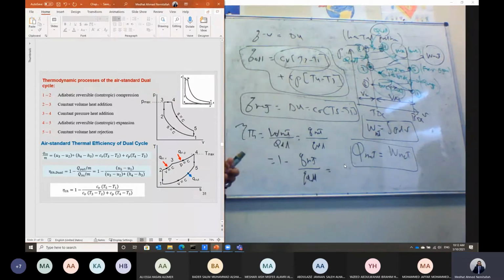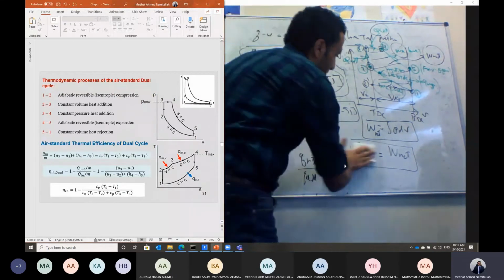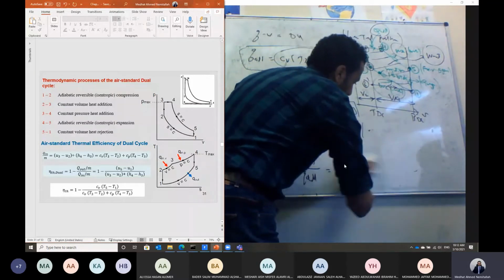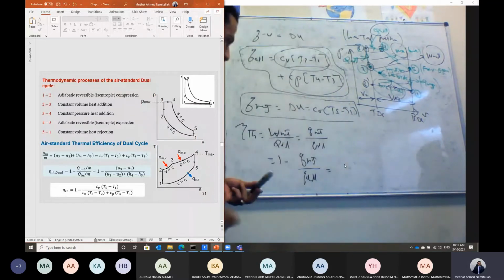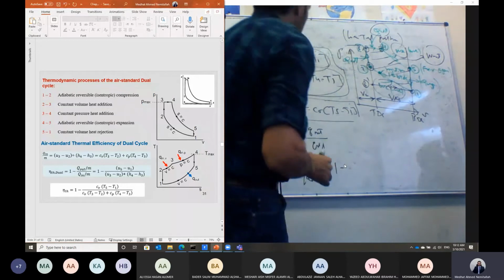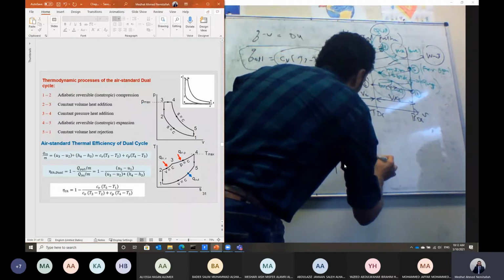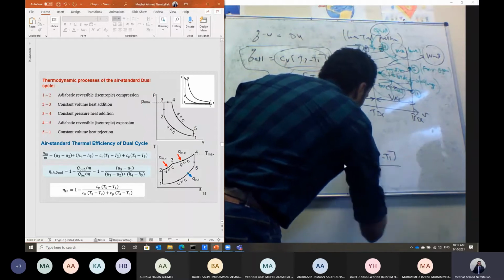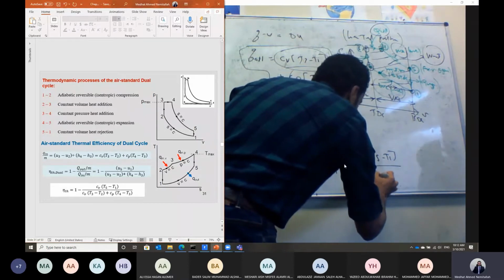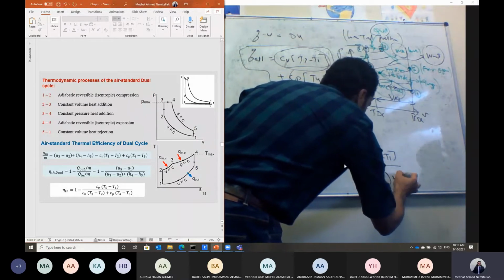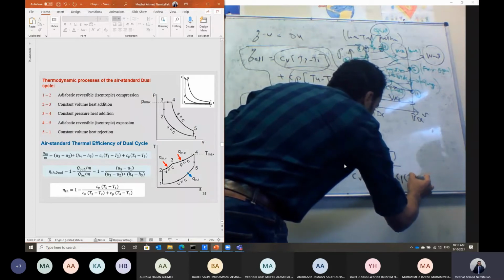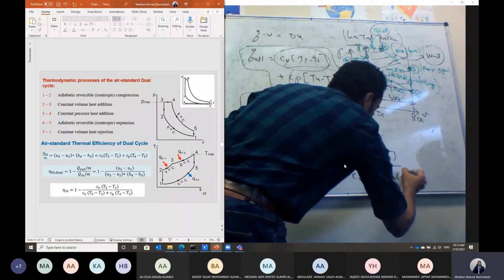If you substitute here, we have Q rejected, which is Cv multiplied by T5 minus T1. Q added is Cv (T3 minus T2) plus Cp multiplied by (T4 minus T3).